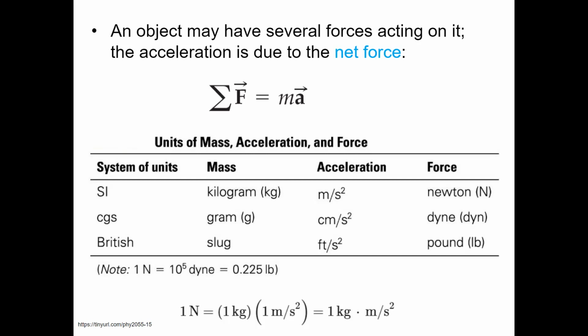In that unit system, force is in dyne. And then British units, in British units, force is in pounds, acceleration is in feet per second squared, and mass is in slugs.